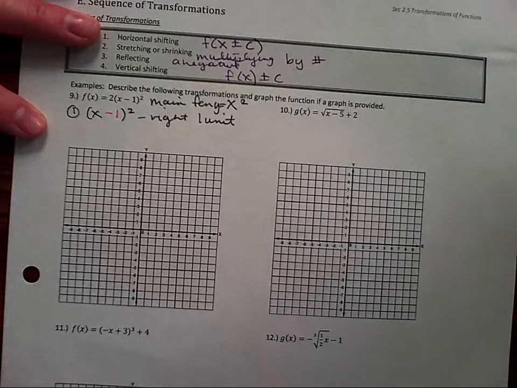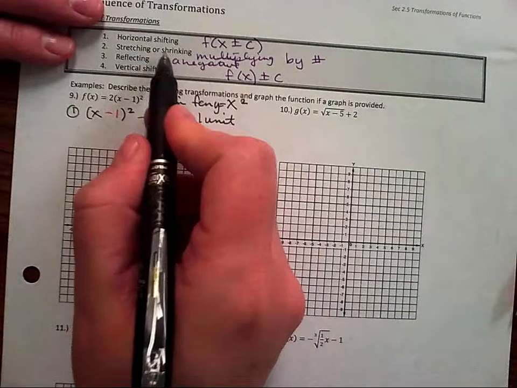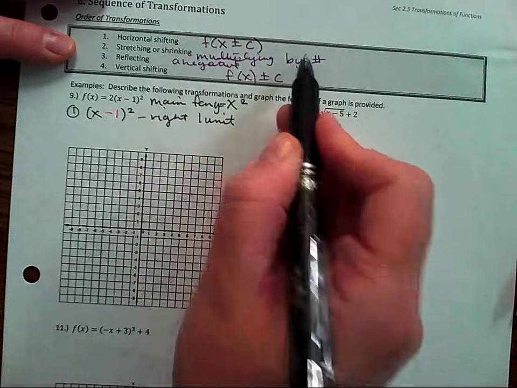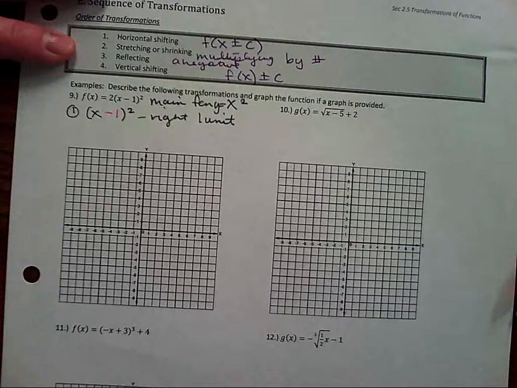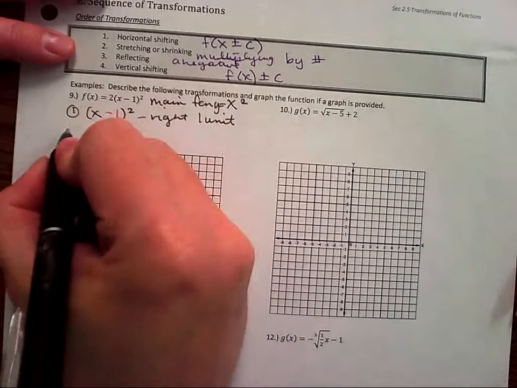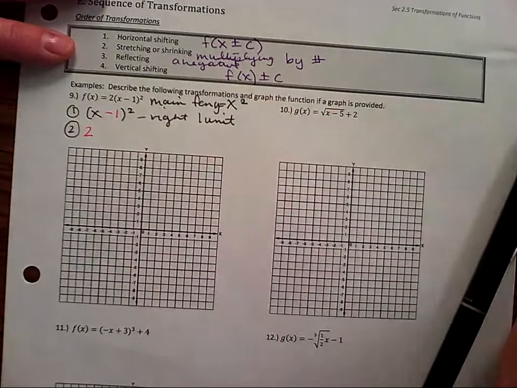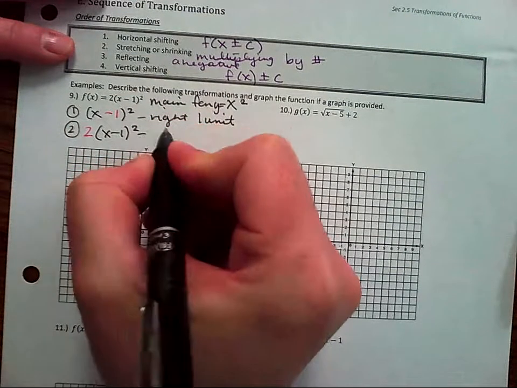So I'm going to try to color code this as much as possible. Okay, so I'll just draw the end graph. Then second, I'm looking at stretching or shrinking. Am I taking this and multiplying it by a number? Yep, 2. So there I have 2 times (x minus 1) squared.